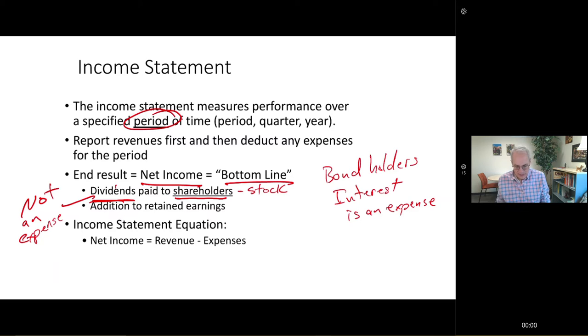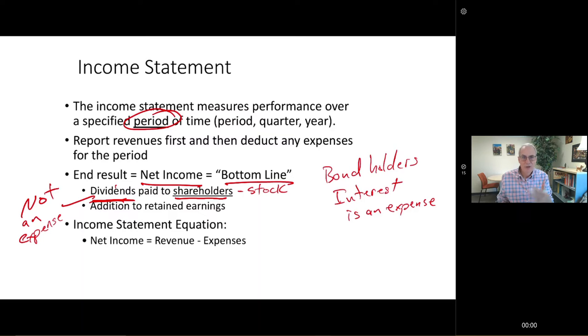There are two things that businesses can do with their profits. One, pay them out in the form of dividends. Or two, if they don't pay dividends, they keep it in the business and put it back into the business.